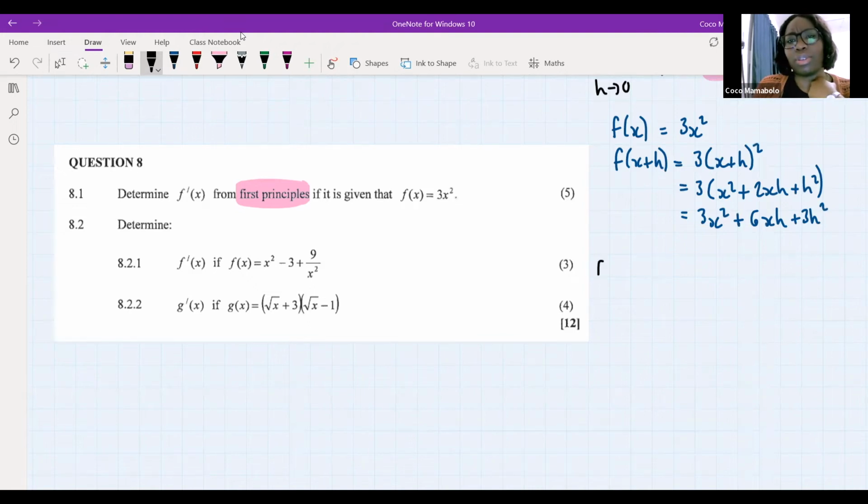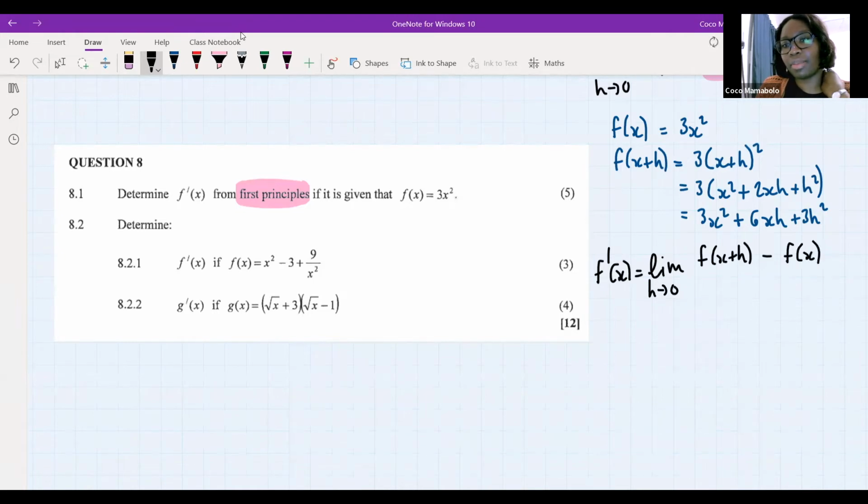All right, let's go. So the derivative of f of x is equal to the limit as h approaches 0 of, and my formula says, f of x plus h minus f of x, all over h, which is equal to the limit as h approaches 0 of 3x squared plus 6xh plus 3h squared.